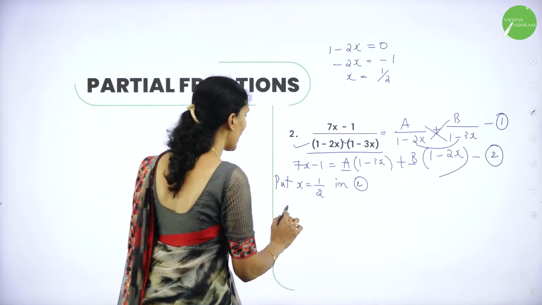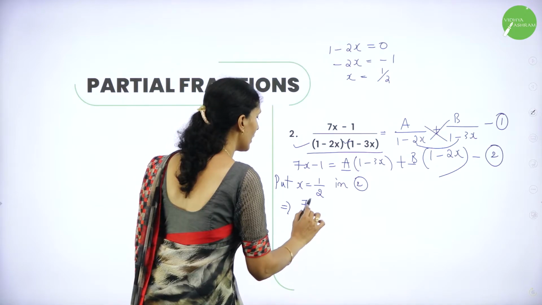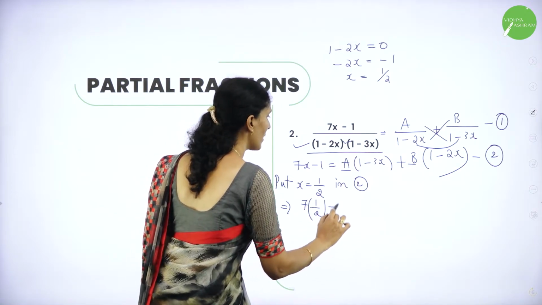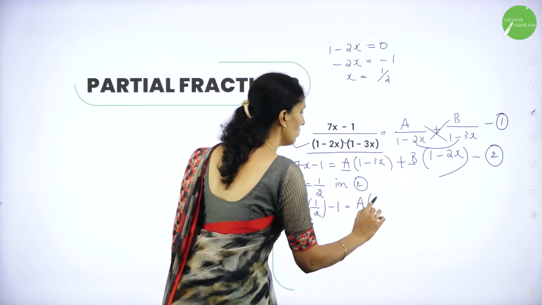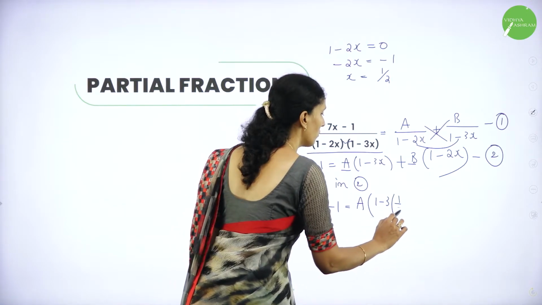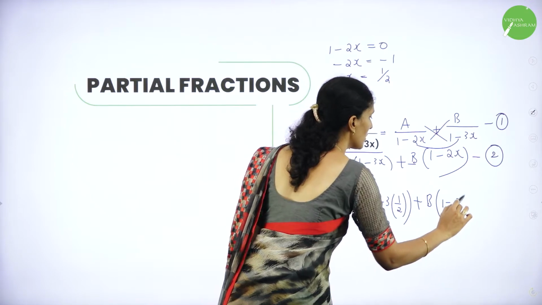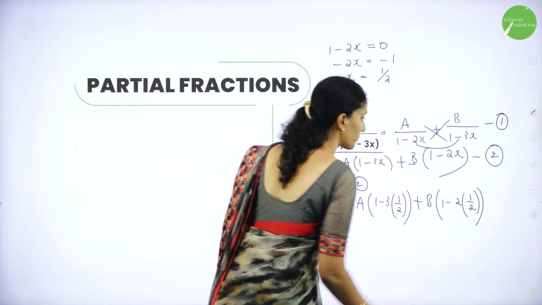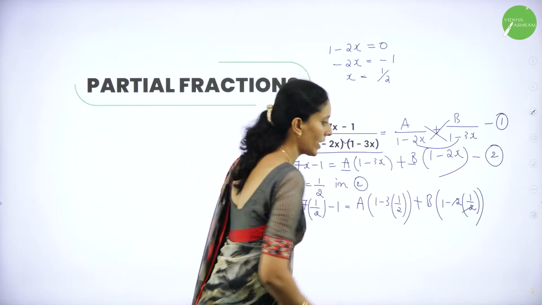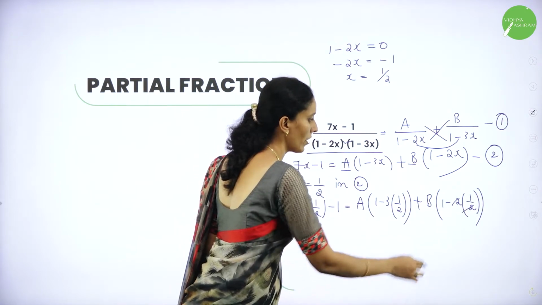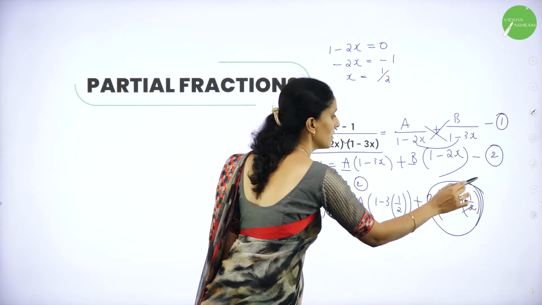Then what we will get? 7 into 1 by 2 minus 1, a into 1 minus 3 into 1 by 2 plus b into 1 minus 2 into 1 by 2. You can see here 2 and 2 get cancelled. Then it is 1 minus 1. This whole term will become 0.